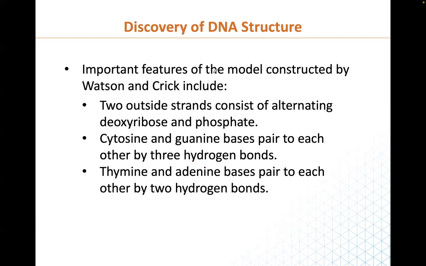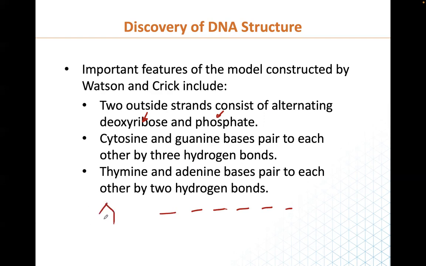Among the important features of the model constructed by Watson and Crick is that the model has two outside strands, which consist of alternating deoxyribose and phosphate. So you're going to have deoxyribose, phosphate, deoxyribose, phosphate, deoxyribose, phosphate.